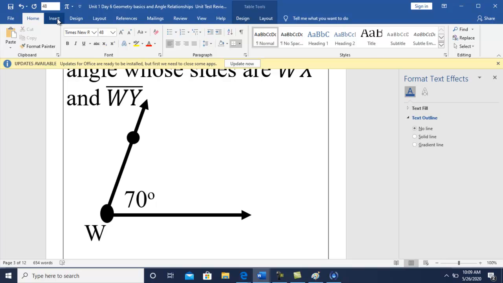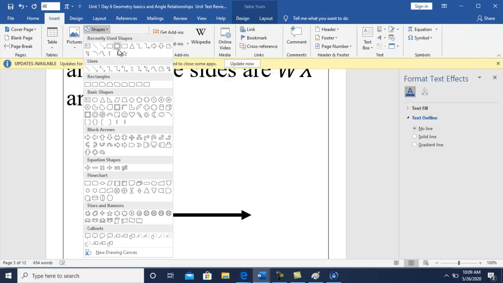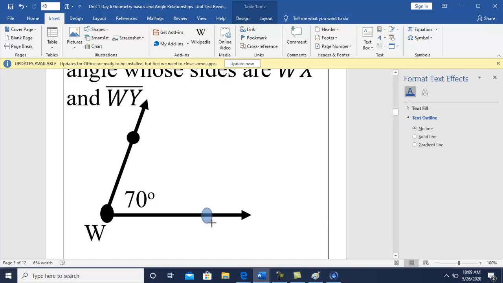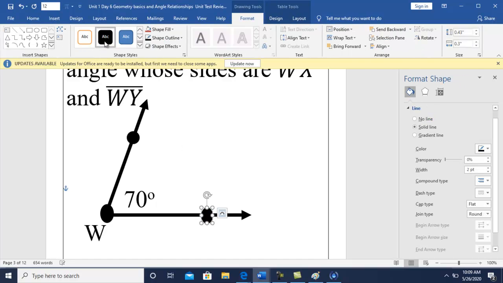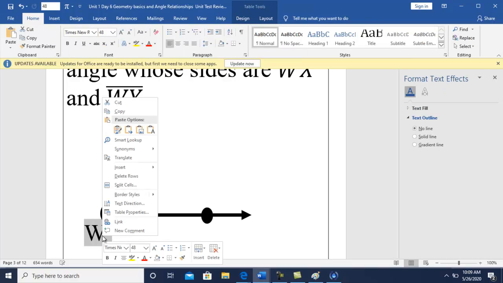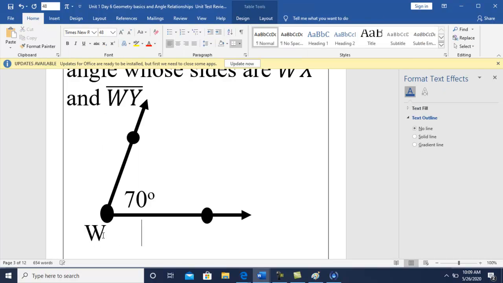So we need another point on the segment there. So I'll put X here. And we'll put Y here. And again, you're going to need to make that bigger.